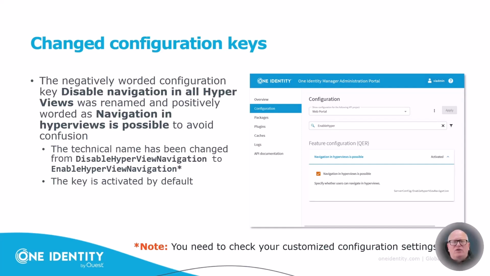Because of that, all the disable keys were renamed. There are now enable keys, as you can easily see. And of course, the value was also converted. It is now showing the opposite because disable and enable are the opposite. So the value will be the opposite as well.